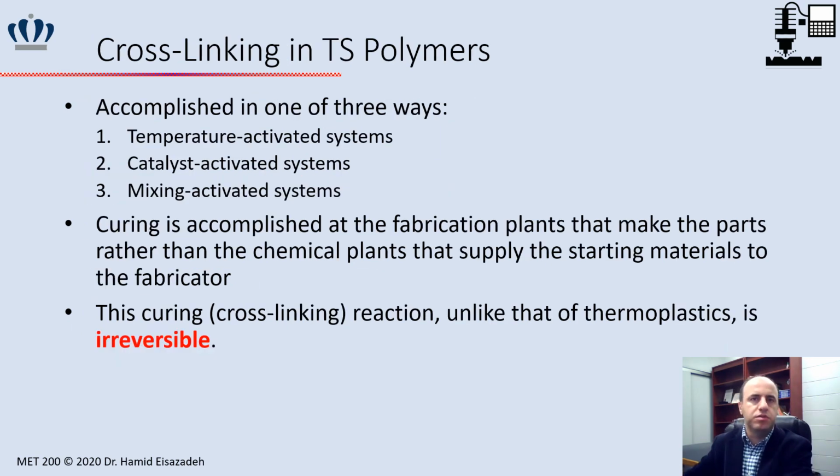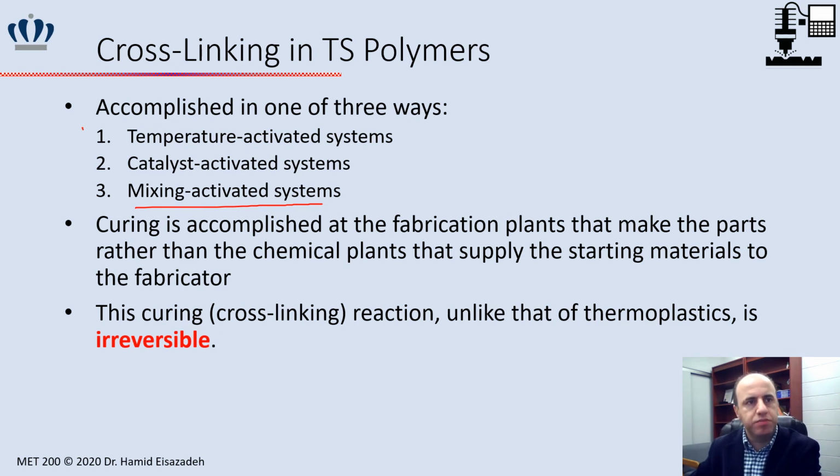In the thermoset polymers, we have cross-linking, as I mentioned before, and this cross-linking can be performed in three ways. Temperature activated, so you apply a certain temperature, then the process can be started, or catalyst activated, or you can mix materials together, mixing activated.